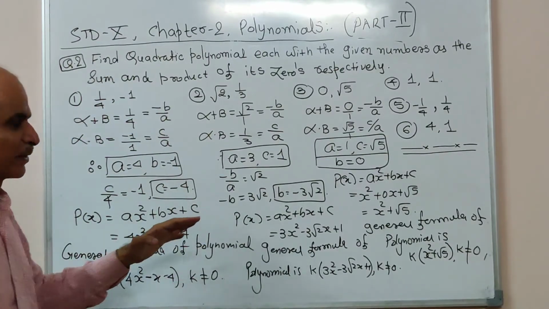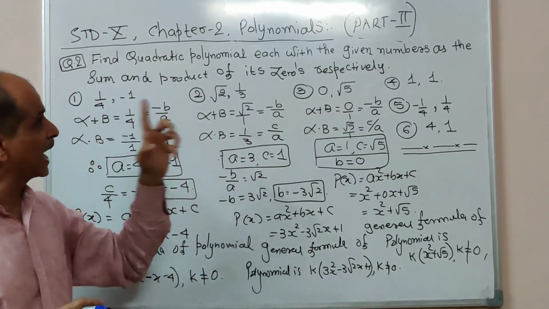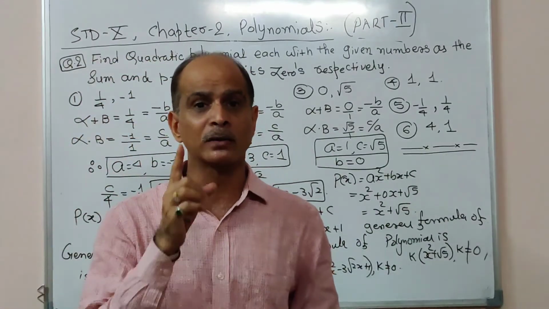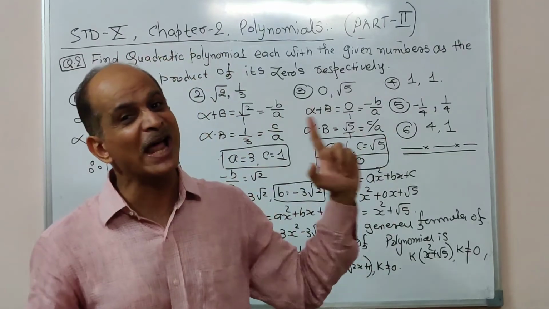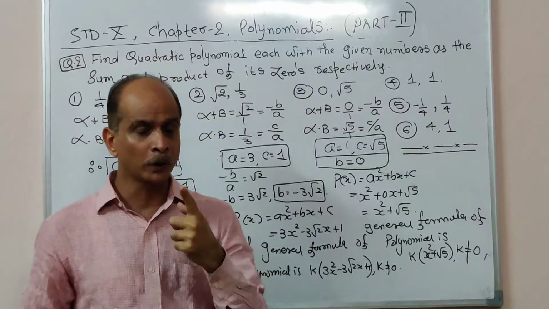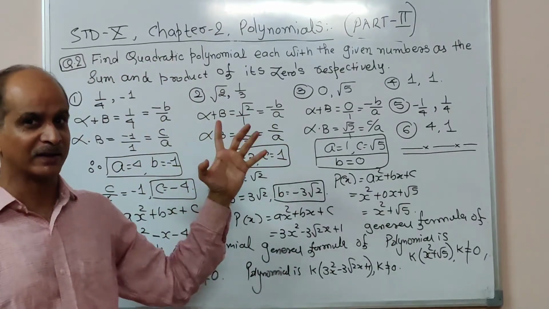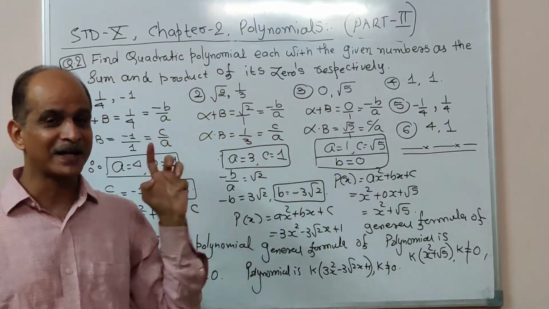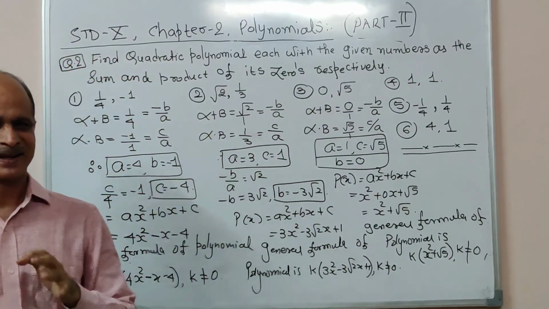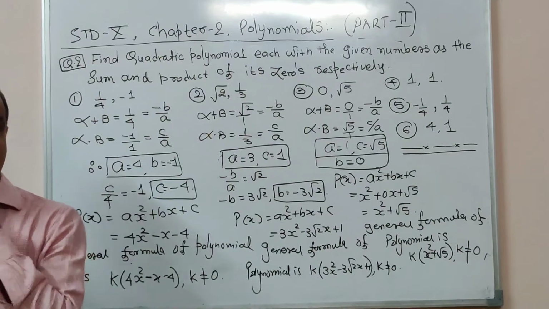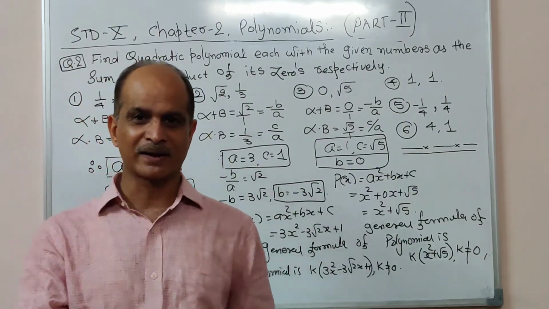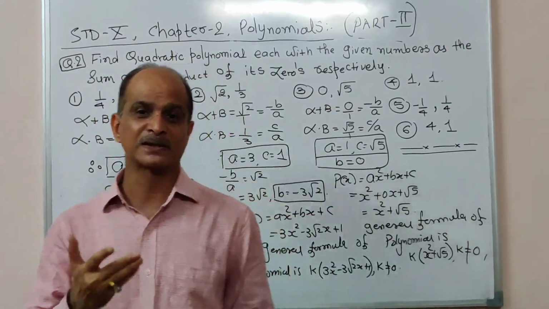out the quadratic polynomial. Now, in exercise number 2.3, we are going to solve examples on the basis of the division algorithm. That is our concept number 11. You know, in concept number 11, we wrote down one thing, that is fx is equal to gx into qx plus rx, meaning dividend is equal to divisor into quotient plus remainder.